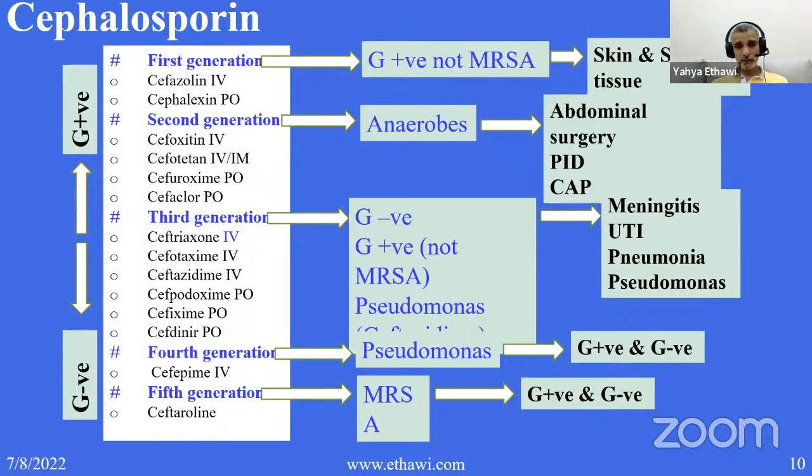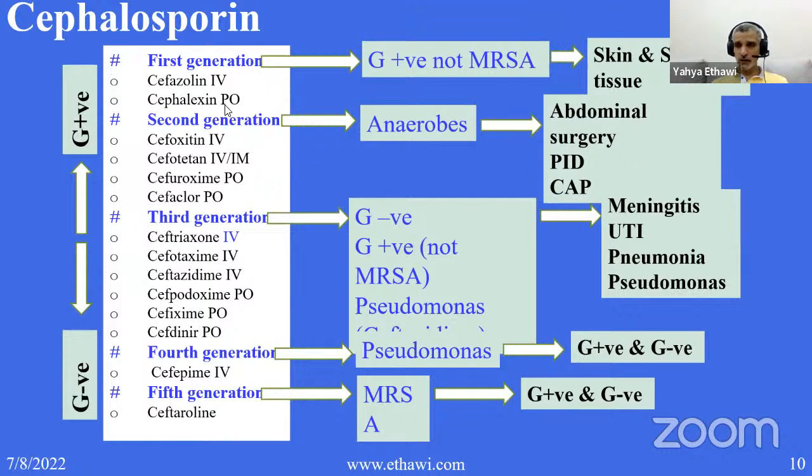Now, let's move to cephalosporins. As we discussed, there are five generations. The more you go toward the first generation, the more the gram-positive effect. The more you go toward the fifth generation, the more the gram-negative effect.